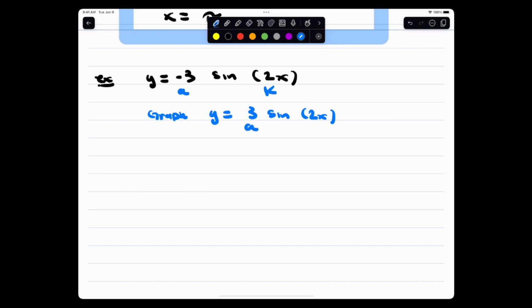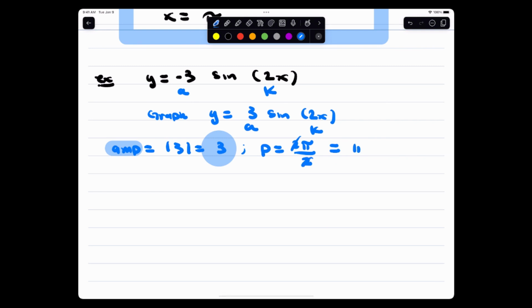So you can go about it this way, where your amplitude, again, is going to be the absolute value of 3, which is 3. Is that right? And let's get the period. Two pi over, what's the K value? 2. Okay, so the 2's cancel.